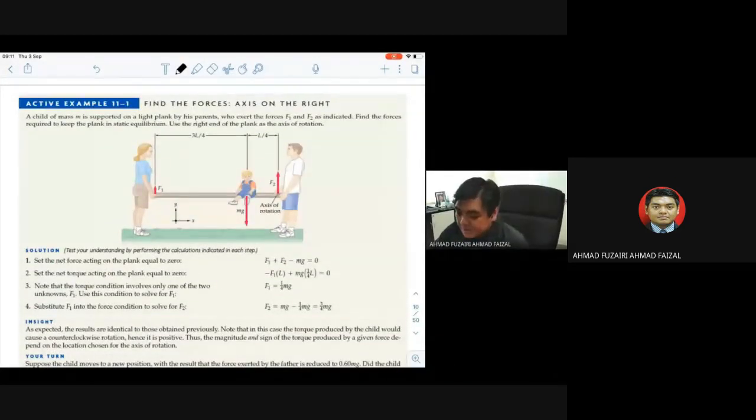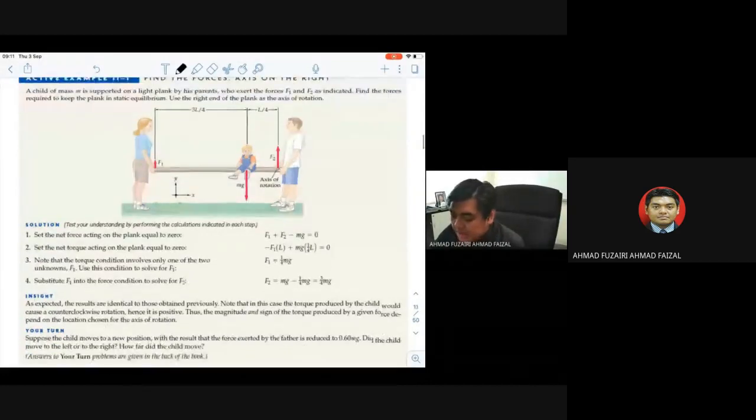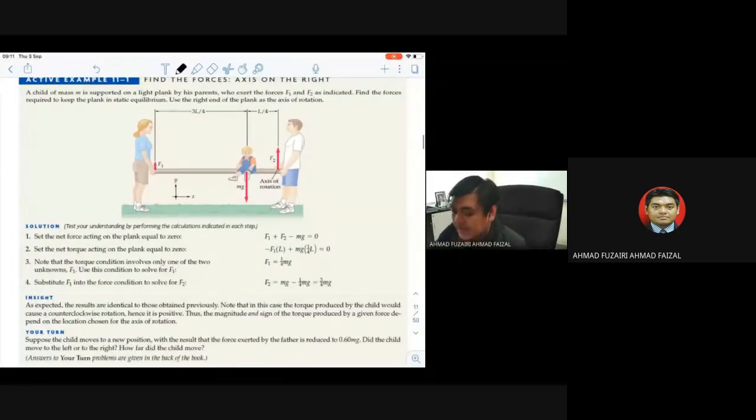A child of mass m is supported on a light plane by his parents, who exert the forces F1 and F2 as indicated. His mother is F1 and his father is F2. The forces are going upwards. Find the forces required to keep the plane in static equilibrium.